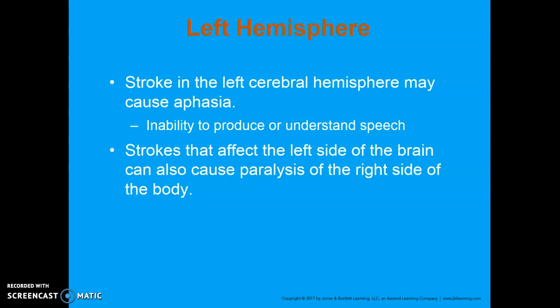So speech problems can vary widely depending on where it goes, but that's pretty indicative of a left hemisphere cerebral stroke if there's problems with either the ability to produce or understand speech. Strokes that affect the left side of the brain, remember, will cause paralysis on the right side because your brain controls the opposite side of the body.